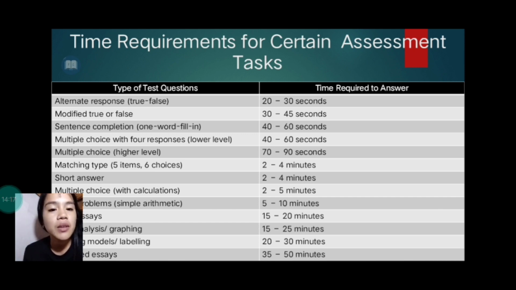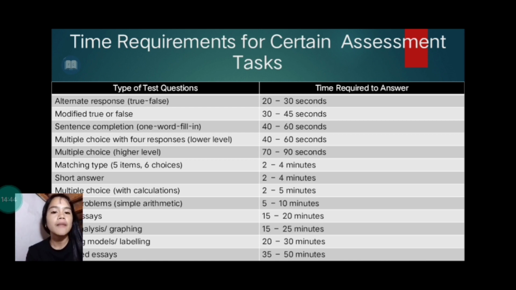Type of test questions: there is true or false, which is easy to analyze and easy to make, so 20 to 30 seconds. Modified true or false, sentence completion, one word fill-in takes 1 minute. Multiple choice with 4 responses, and so on.